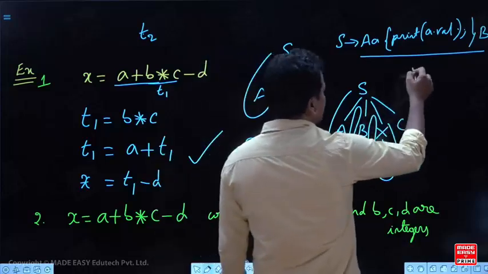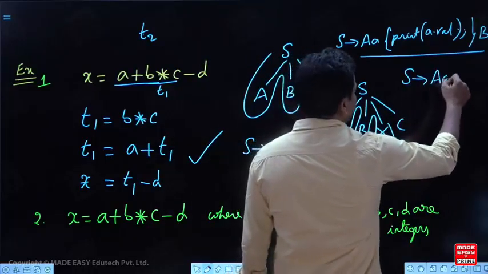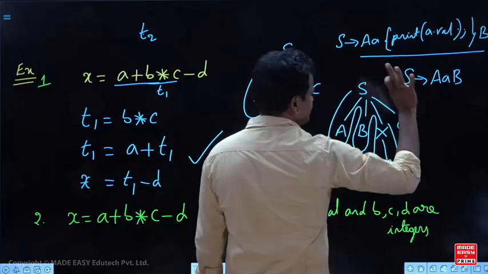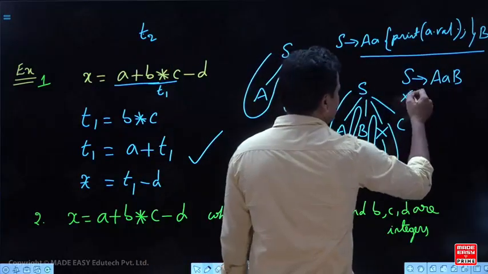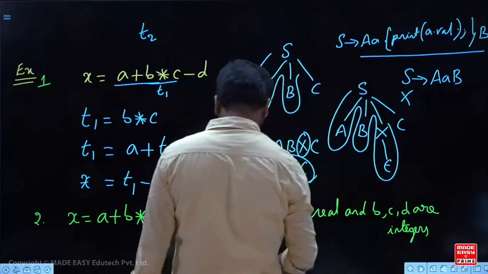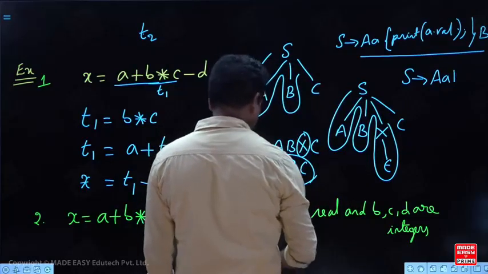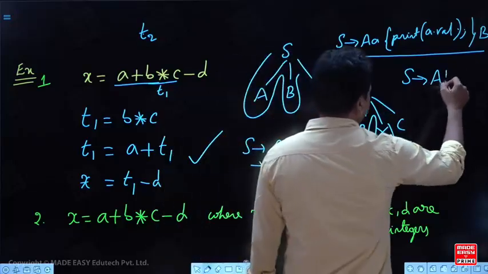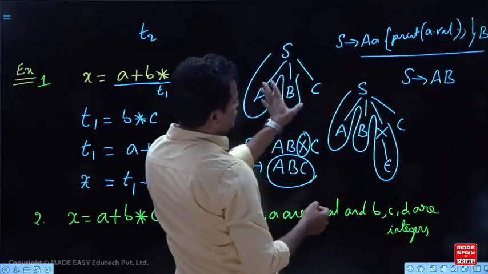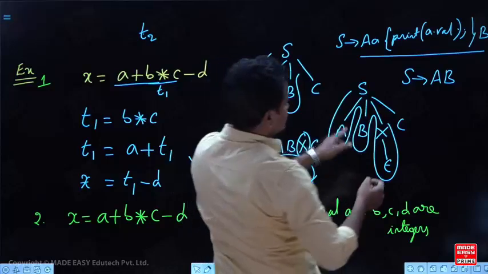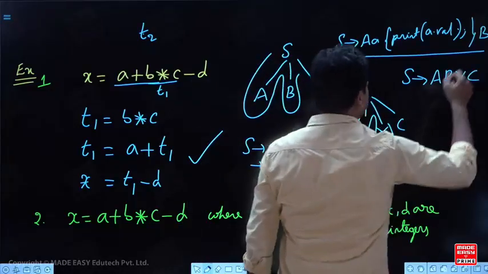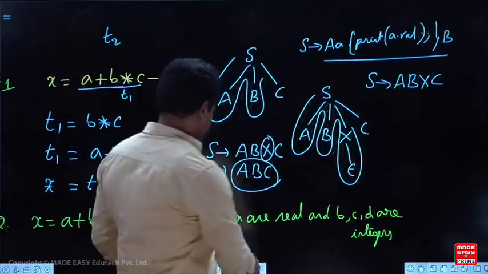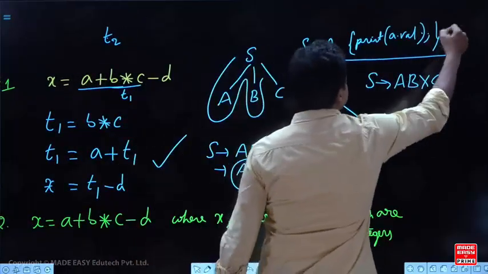So I'll write like this: S derives AB X C. I don't write any semantic action here, but I write it at X. What is the old production? S derives ABC. And what is the new production? S derives AB X C. Are you following? Unnecessarily I changed this.